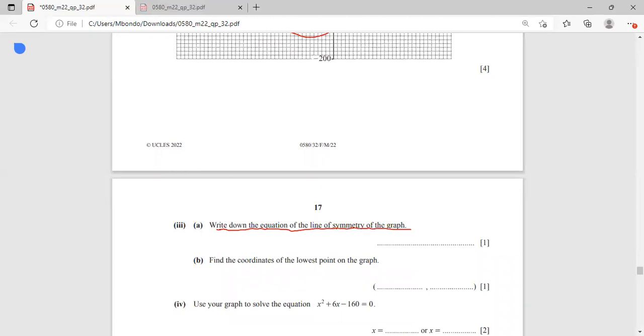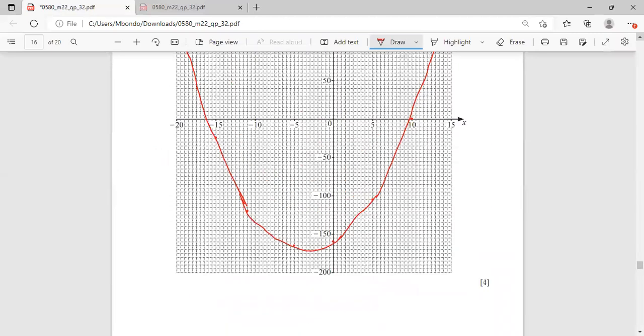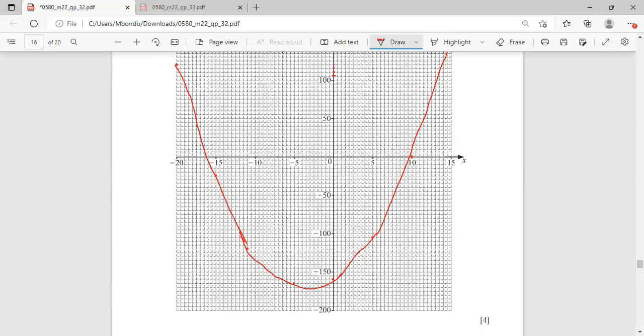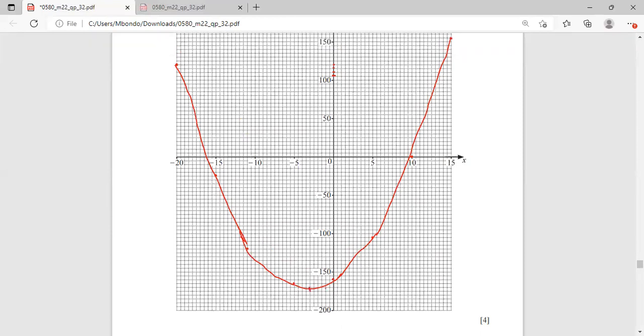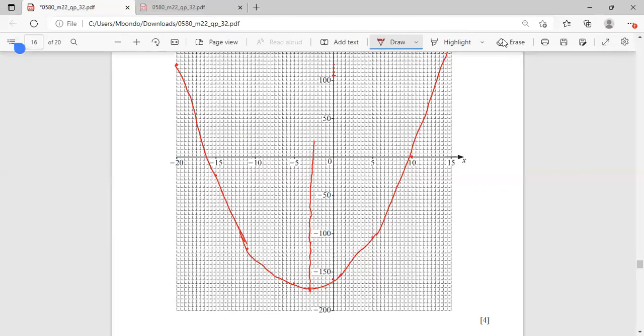So we want the line where we can say we'll fold this at the bottommost here. It passes through this point, which is 3, isn't it? The vertical one, it goes up like that. You can put a straight line here. So this is the line they're talking about.